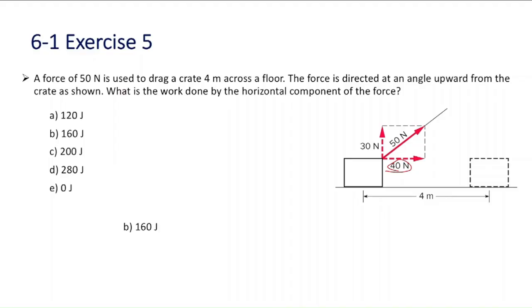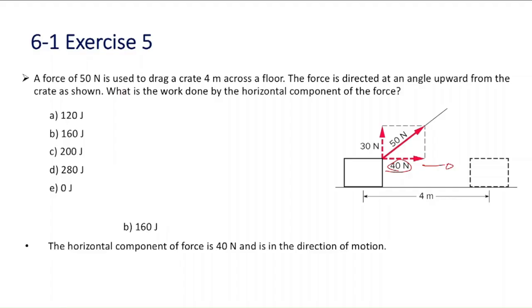Why? Because here we are considering only the horizontal component of the force, which is 40 Newton, along the direction of motion, right? Therefore, work is the horizontal component of force times distance. Here, the horizontal component of the 50 Newton force is 40 Newton and the distance is 4 meters.